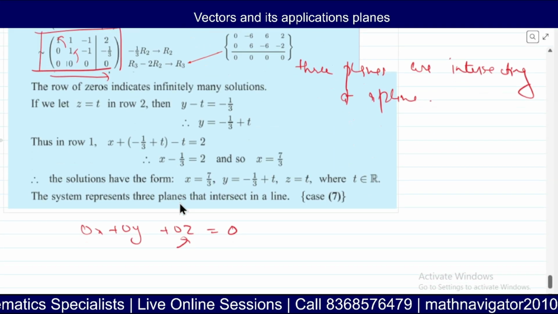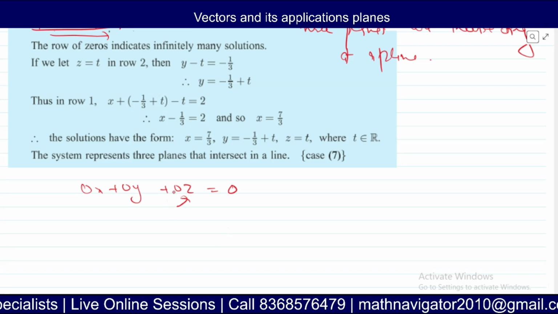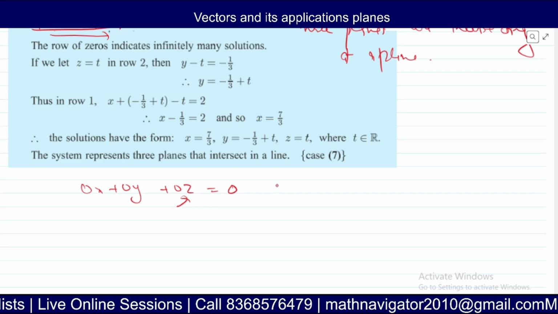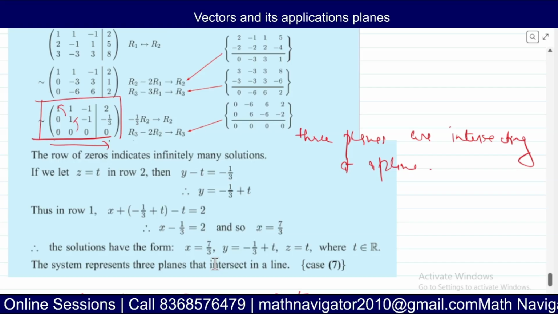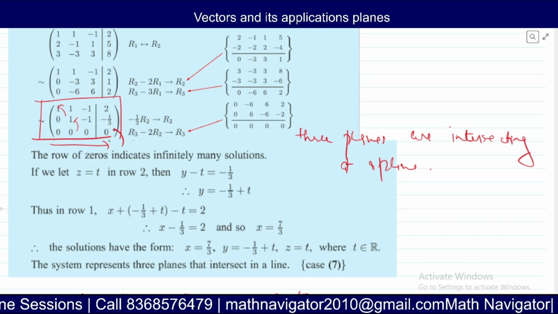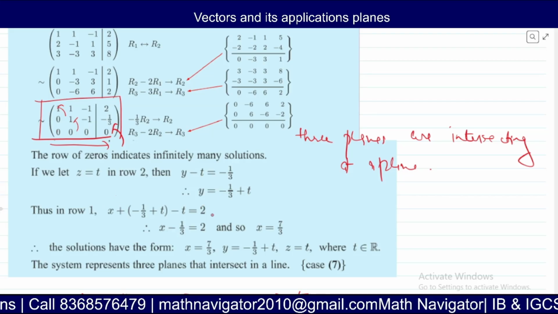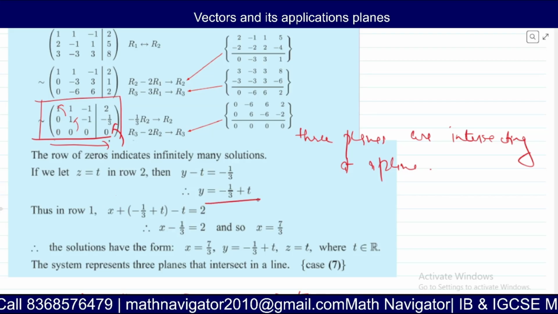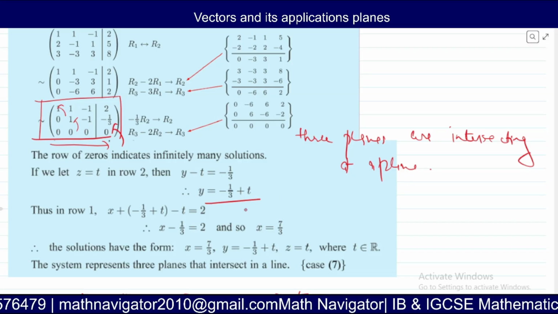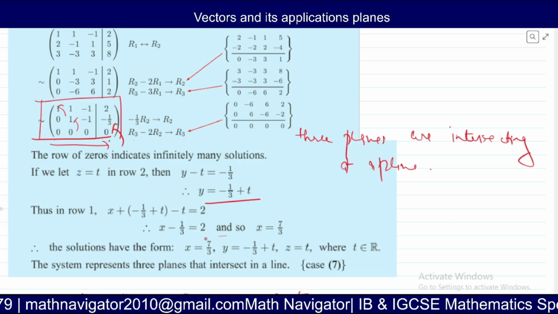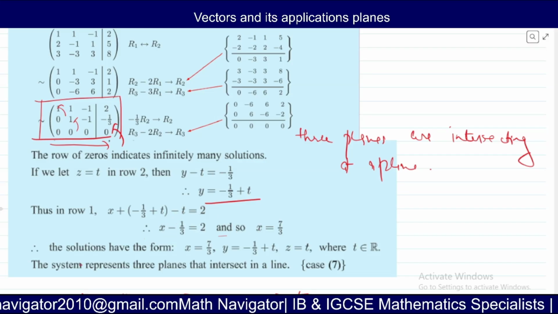So I'll take z. I can take z as t, because any value of z will give me the same solution. Then if you put this z as t in the previous row, you will get y as minus 1 by 3 plus t. And the same way, when you place this y in the upper equation, you will get x in the form of t, right? So you have got x, y, z in terms of t.